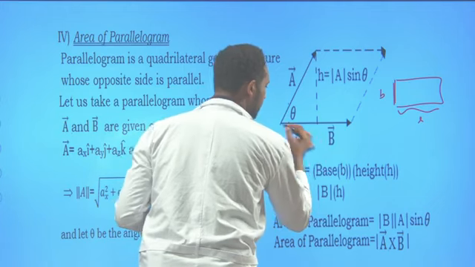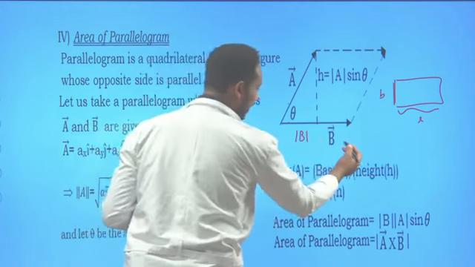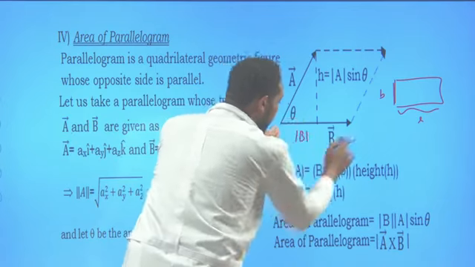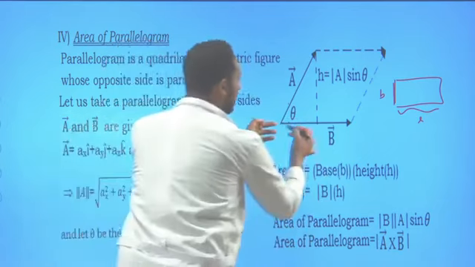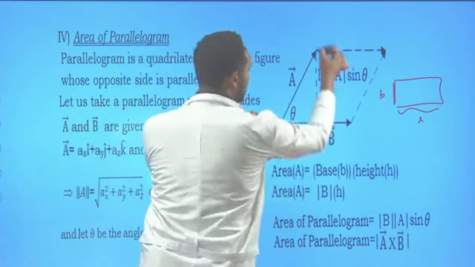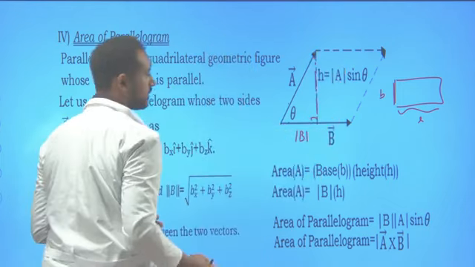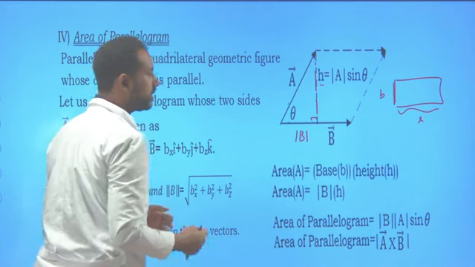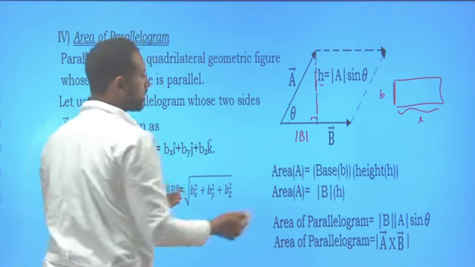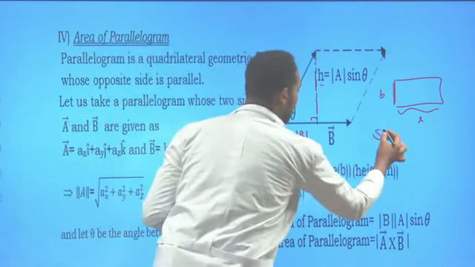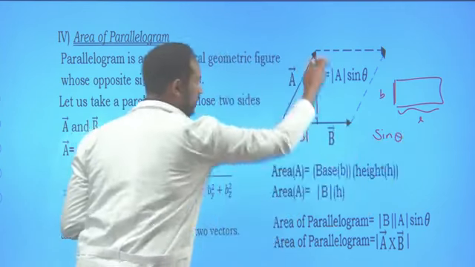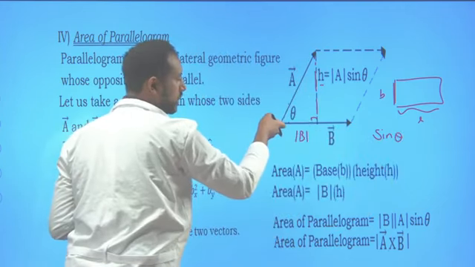One of the sides is given by vector b, the magnitude of vector b, times the height. This is the height; you have to drop it perpendicularly. The height can be determined using trigonometric rules. You know that sine theta is opposite over hypotenuse.